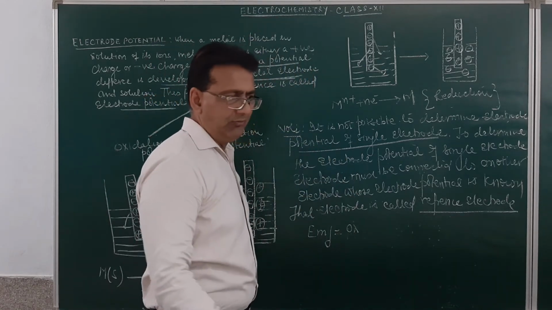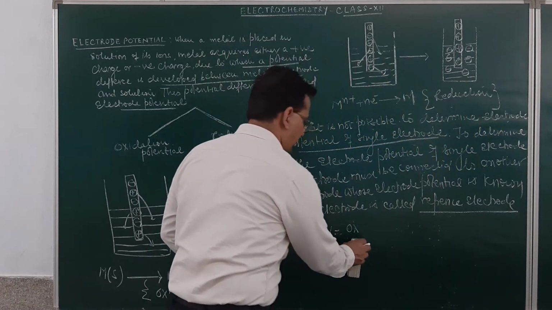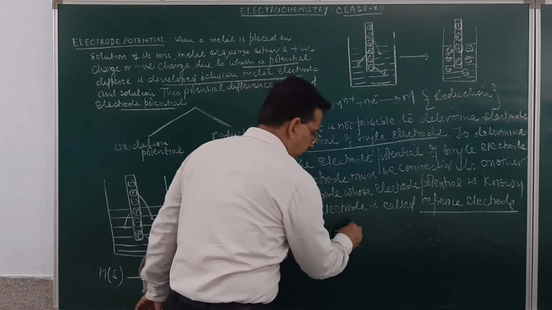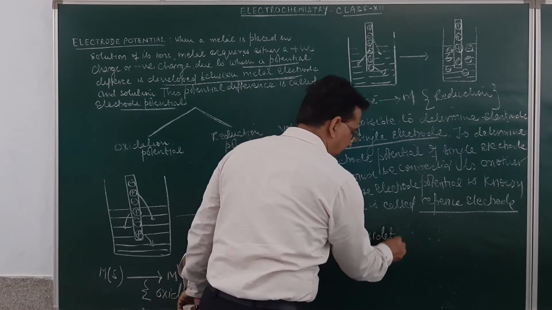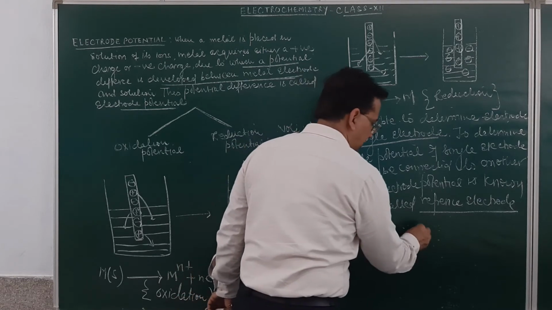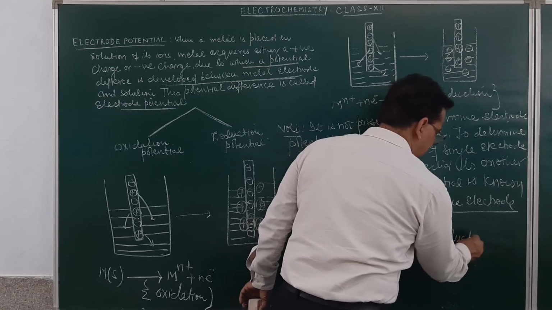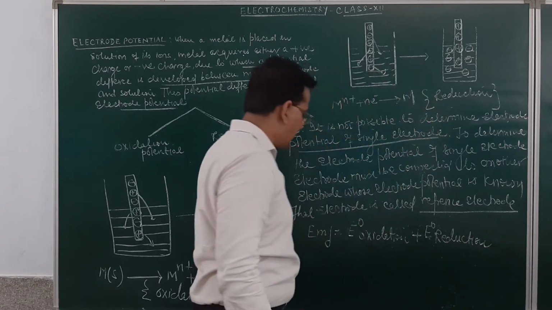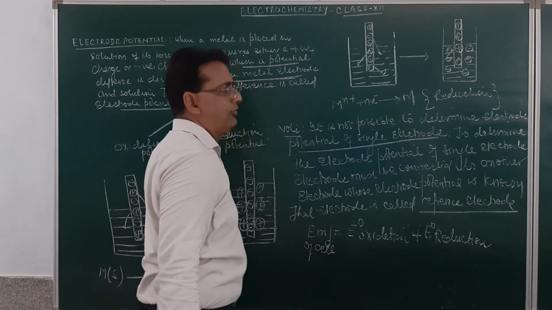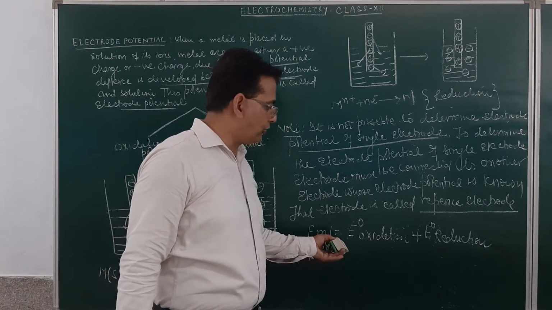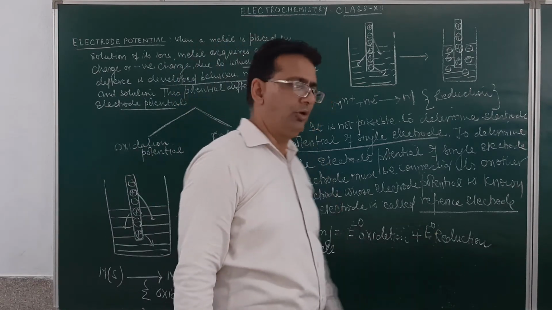So EMF of the cell will be equal to E naught oxidation plus E naught reduction. So this will be oxidation potential of anode plus reduction potential of cathode.